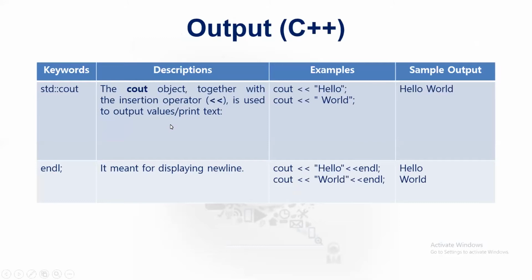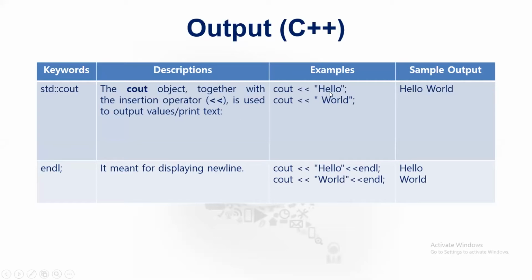For the output in C++, this is a simpler one, but if you have tested it yourself, you will know that cout is an object in the iostream library, used together with the insertion operator to output values or print text.